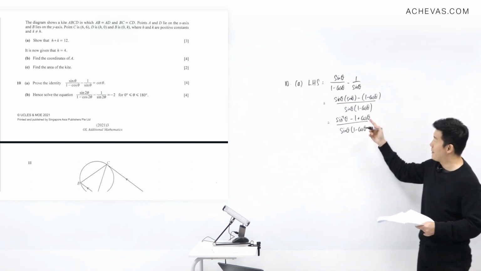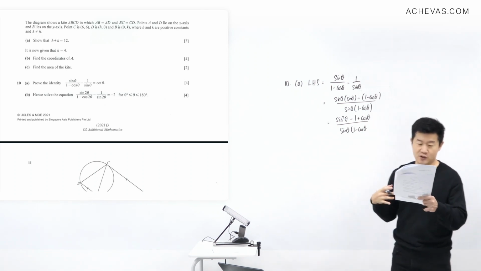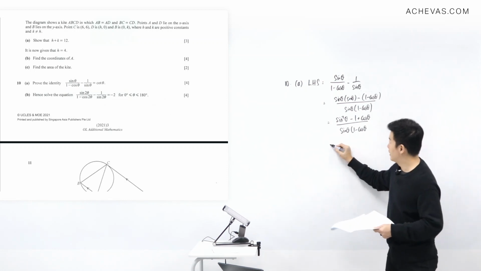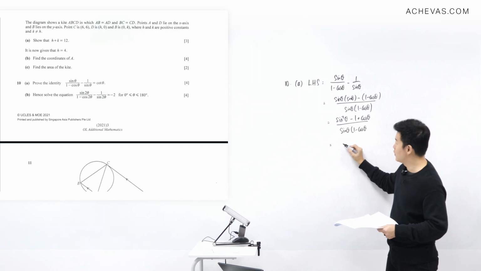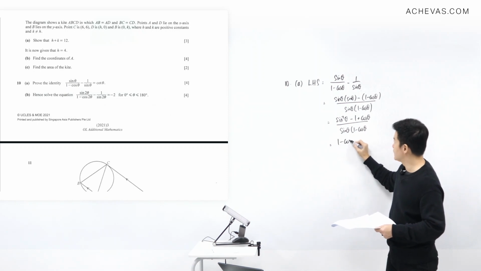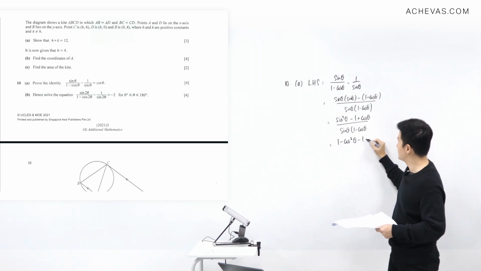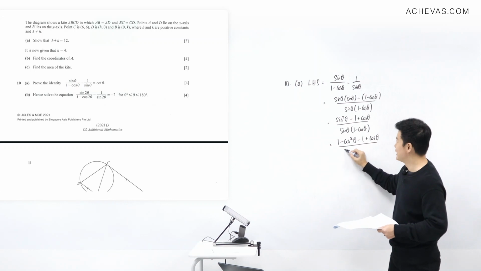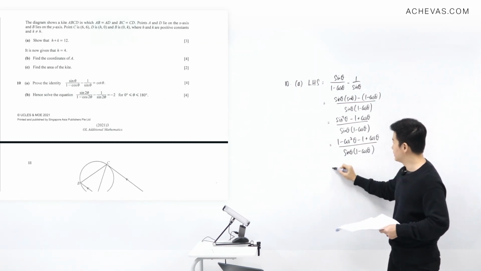I'm going to make the numerator in terms of just one variable, which is cosine theta, by re-expressing sine square as 1 minus cosine square. So we have this, minus 1 plus cosine theta, divided by, I forgot the bracket here, sine theta times 1 minus cosine theta.